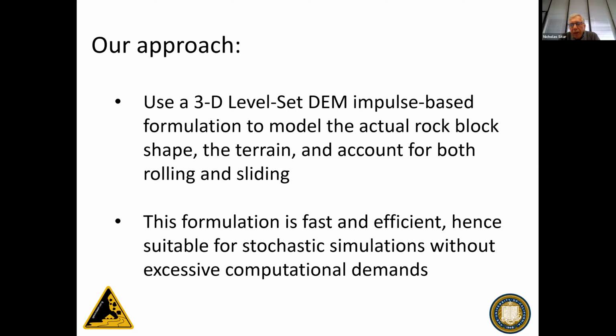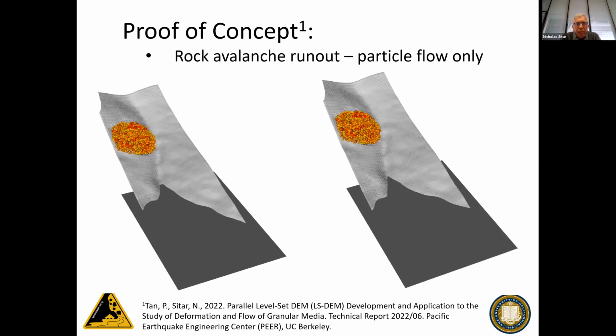And we came across an impulse-based DEM, which is quite efficient mathematically, and as a result, computationally efficient. And then one can actually model the actual block shape and the terrain and take into account rolling, sliding, and ultimately breakage. And so it's a fast, efficient method. And what I'm going to do today is just show you some proof of concept type simulations.